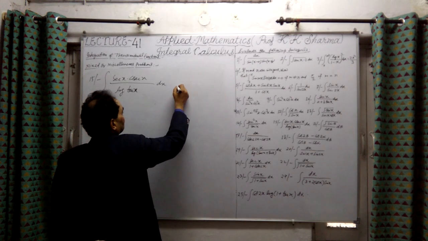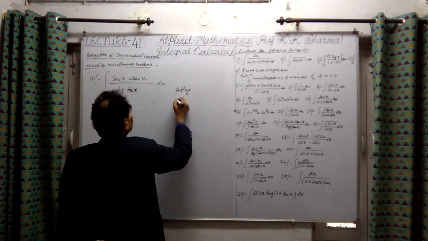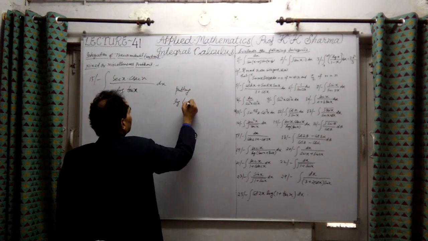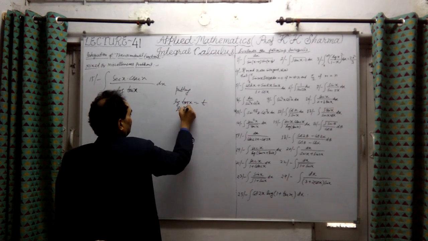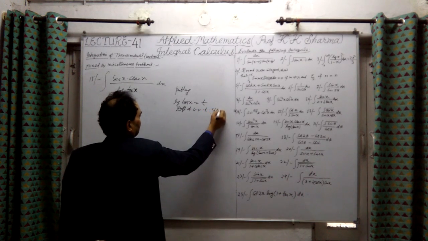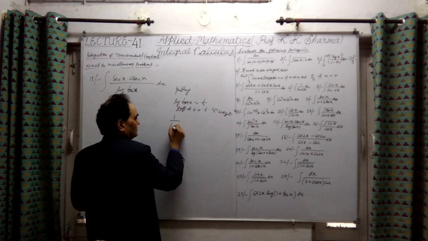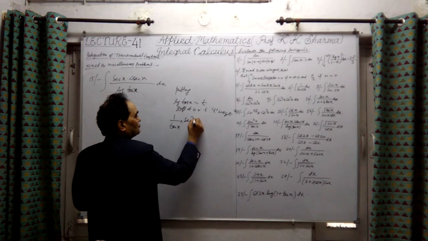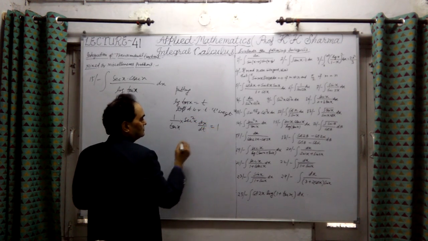If I substitute, putting log of tan x equal to t, differentiating it with respect to x, we get 1 upon tan x into sec²x into dx upon dt equal to 1.